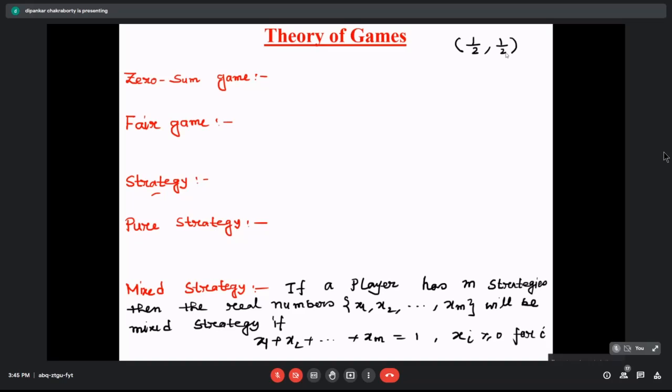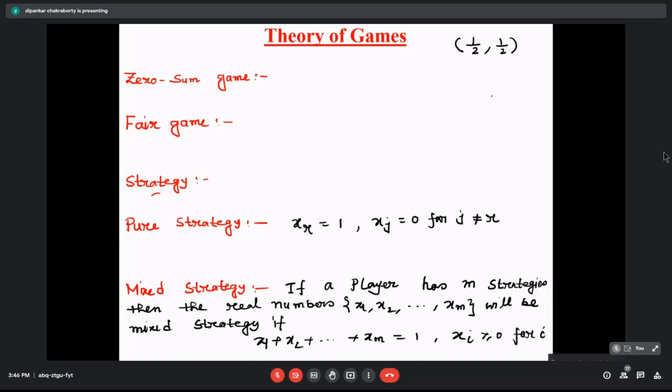Now, when will it be a pure strategy? If out of x1 to xm, I choose some xr and it is coming as 1, and xj equal to 0 for j not equal to r. That means out of those x1, x2, xm, any xr is 1 and the rest are 0, then it will be called a pure strategy.